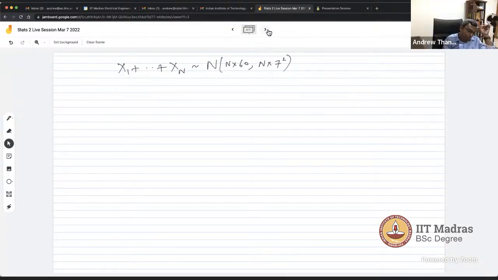We'll see. Okay, so this is the normal distribution, and I'm going to ask, what's the probability that normal 60n, 7 squared n, sorry, is going to be greater than 1000?